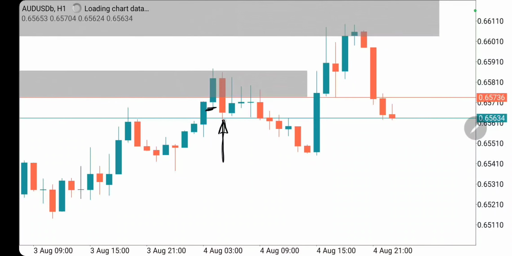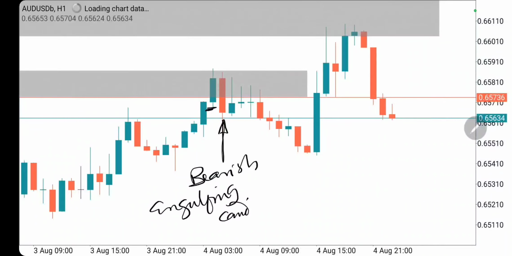This is a bearish engulfing candle. It engulfed this candle, took out the low of this candle. This signified that the market, even though we are on a higher time frame, is about to sell. So you place your entry at the middle of this candle.